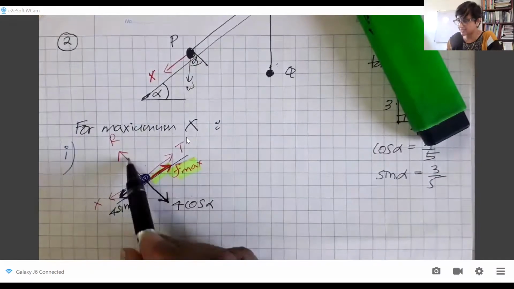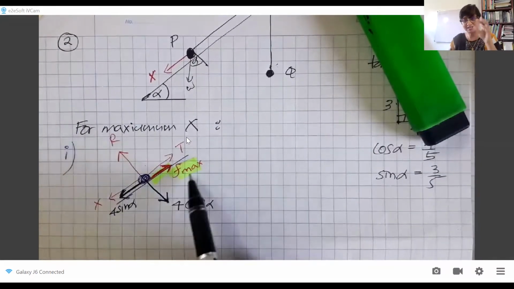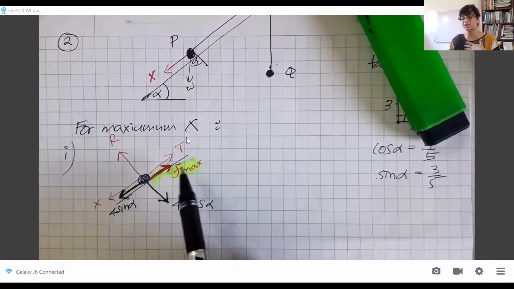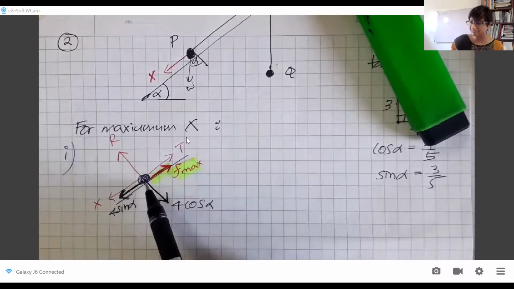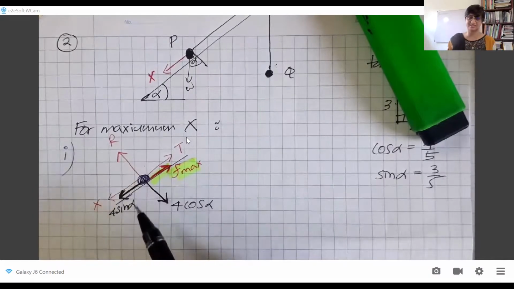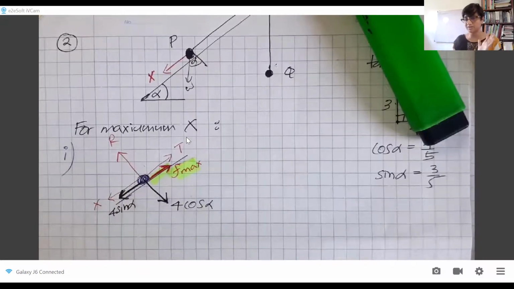All these would be the same. It's just maximum friction that would be different. If we want the smallest x, F max would be in the same direction as x. So I hope you remember all that. We have spent enough time talking about that thing.